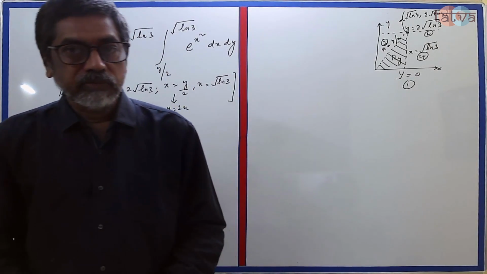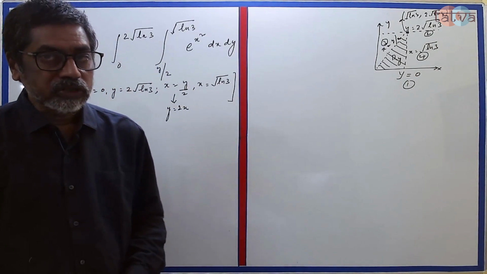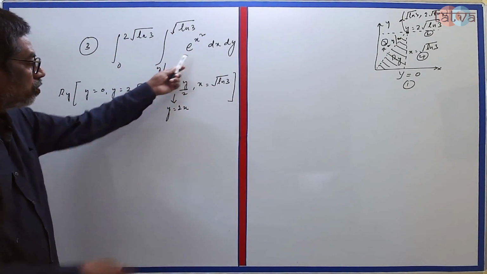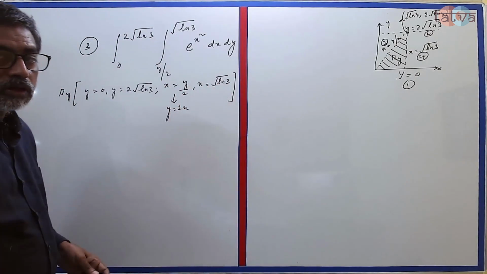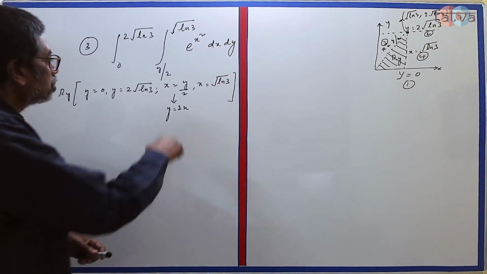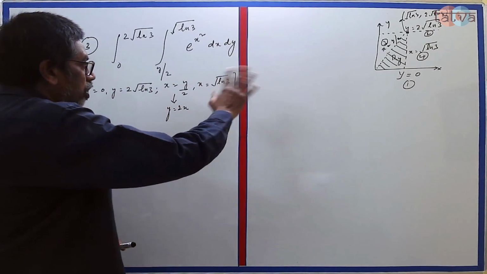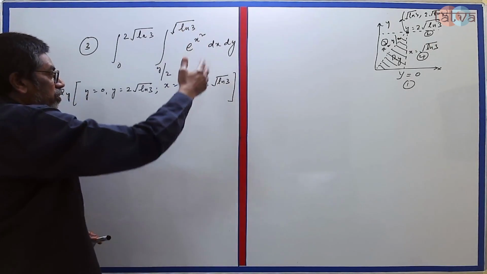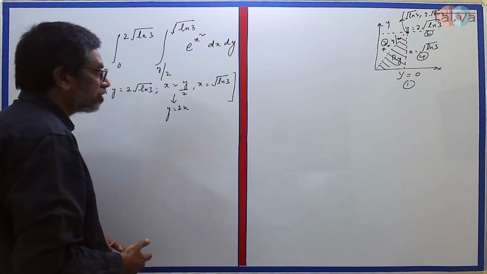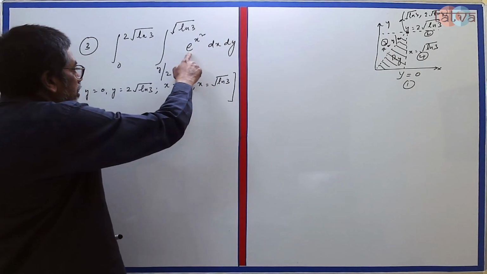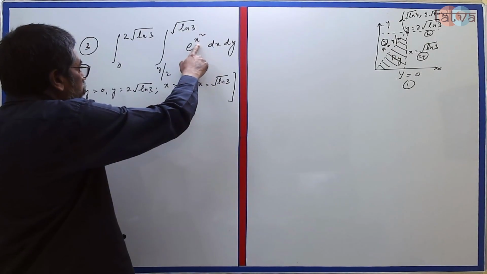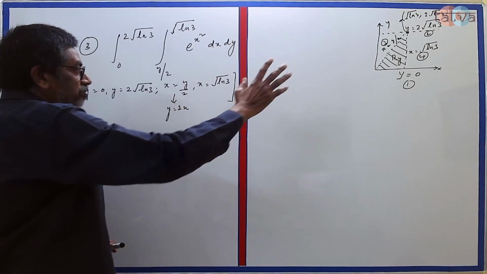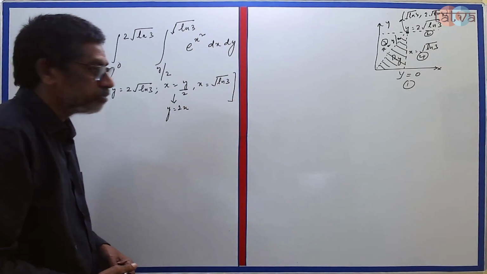Having done this, the next focus is to go and look at the function. Was this all necessary at all? If we are not doing all this and we are able to integrate directly, then no, you don't need all this fuss. But you can see e power x squared cannot be integrated with respect to x. Therefore, I have decided to change the order of integration.